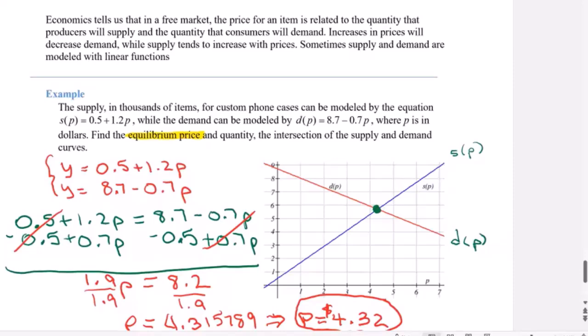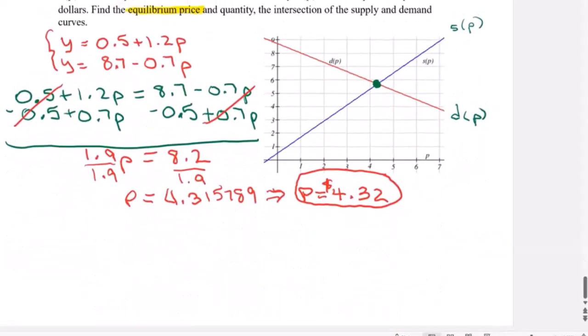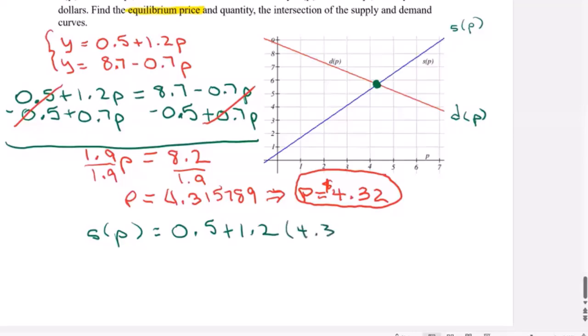And let's see, the supply, how much supply do I need? I can just plug this in to my equation. So my supply equation is 0.5 plus 1.2 times P, which is 4.32. Let's see what that equals.